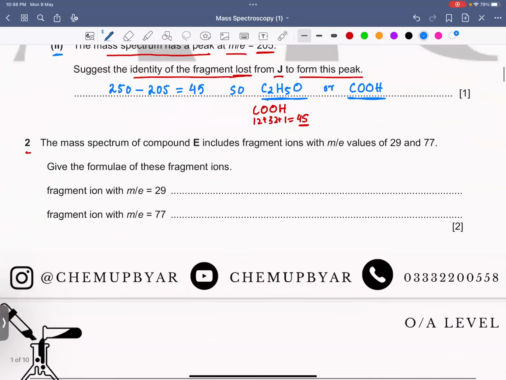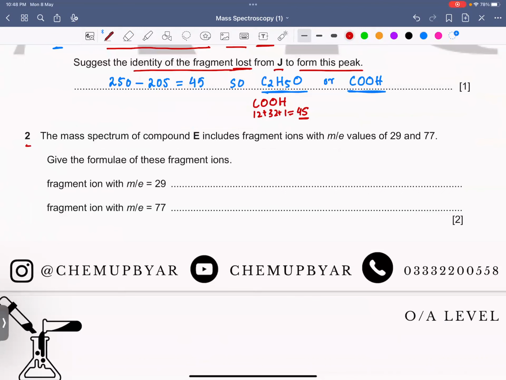Okay. Now, question number 2. The mass spectrum of compound E includes fragment ions with m/e values of 29 and 77. Give the formula of these fragment ions. So for 29, you can count carbon and hydrogen. So there would be 2 carbon, which makes it 24, plus 5 hydrogens. But here, this is the fragment ion, right?